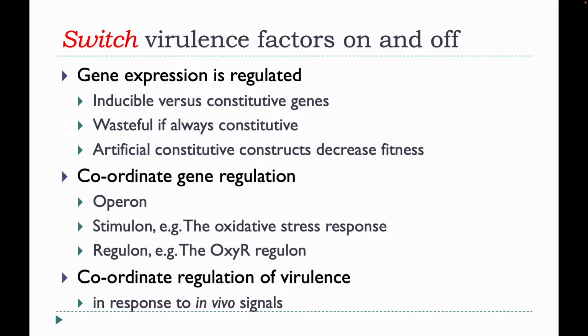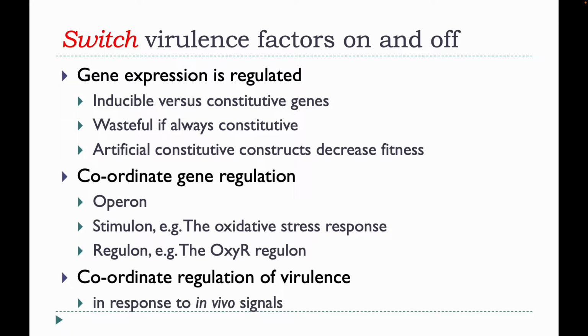More commonly, you'll see the term regulon, which is basically a whole bunch of genes that are regulated by the same master regulator. So just like in your house, you have a switch to turn the lights on and off in a room, but there is also a fuse box where you can turn off the whole lighting circuit, or the whole heating circuit. And this is the way in which bacteria regulate their genes as well.